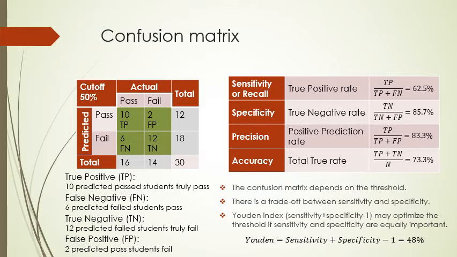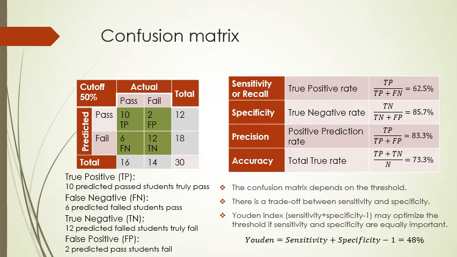The true positive will increase and the true negative will decrease. Thus, sensitivity will increase and the specificity will decrease. If the cutoff is larger than 50%, then fewer students will pass. Thus, sensitivity will decrease and the specificity will increase.